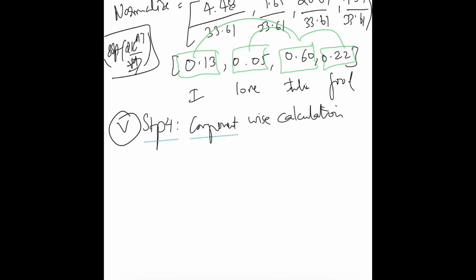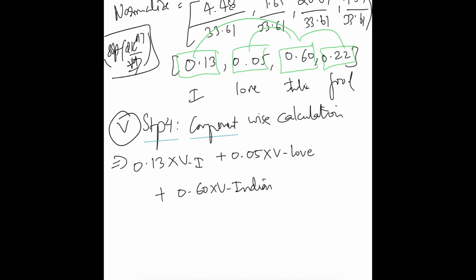So that will come out to be 0.13 into v I plus 0.05 into v love, because these are the normalized attention scores, right? 0.60 into v Indian plus 0.22 into v food, right?